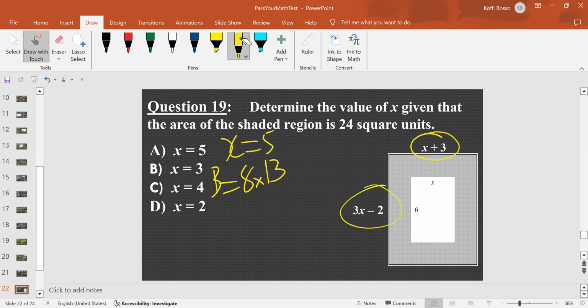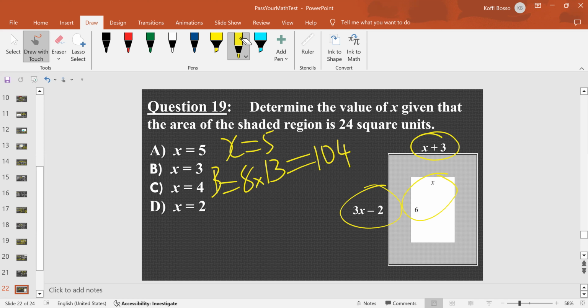So 13 multiplied by 8 gives 104. That is 80, 8 multiplied by 10, plus 8 multiplied by 3, 24. Okay, 104.